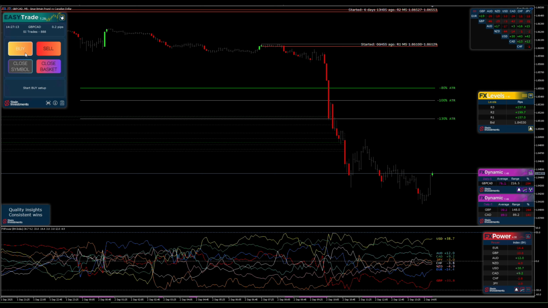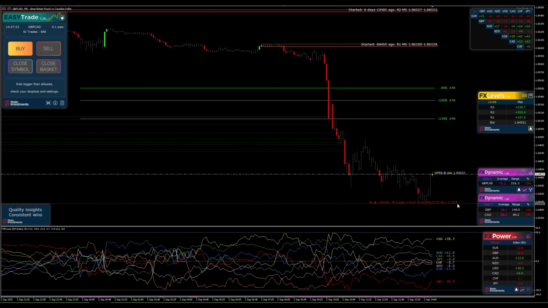Next one is the British pound Canadian dollar. It is a pretty risky one because the British pound is still the weakest of all currencies, but I will place my stop. Okay, that's the maximum. Otherwise it may take too much risk here considering my risk settings.